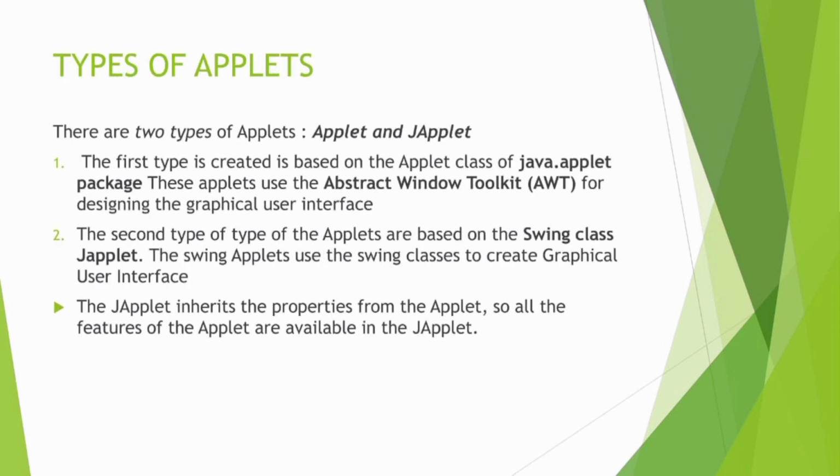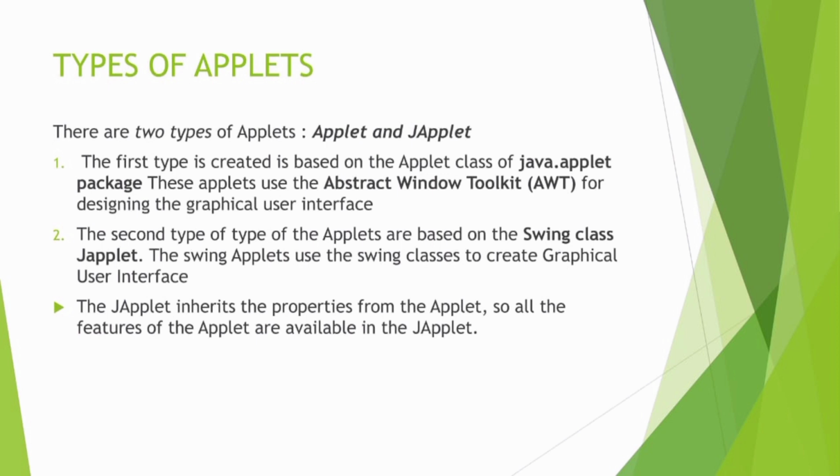Next, types of applets. There are two types of applets: Applet and JApplet. The first type is based on the Applet class of the java.applet package. This applet uses the Abstract Window Toolkit for designing the graphical user interface.